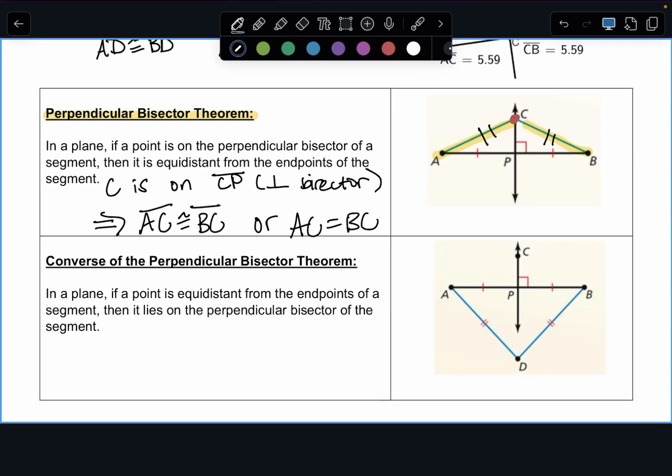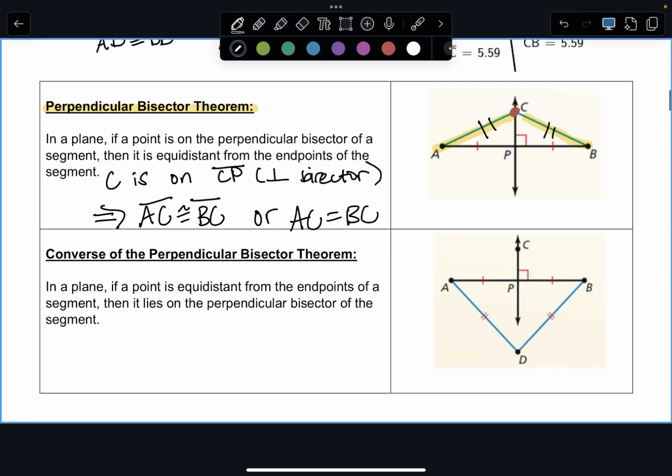So if you see this situation with a perpendicular sign and bisection, then we have congruent segments. Okay? So if you see a perpendicular bisector, you have congruent segments.